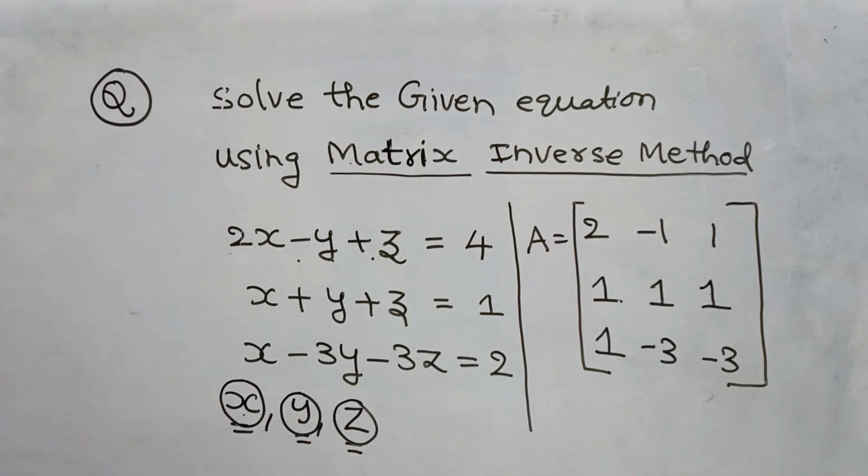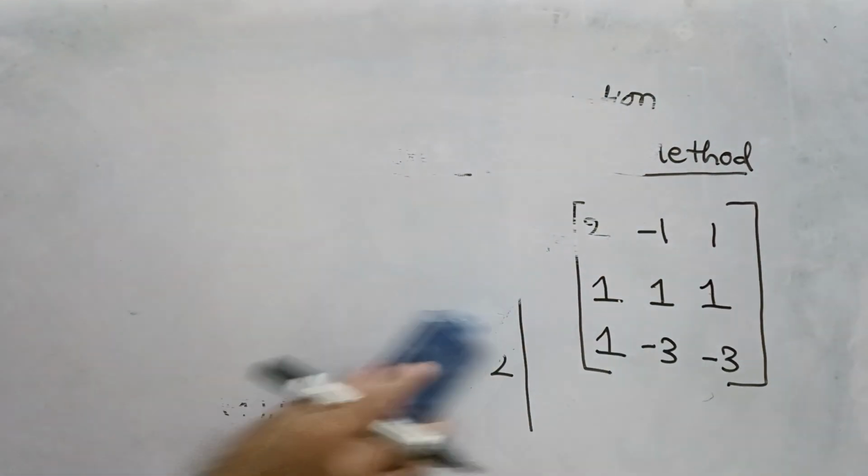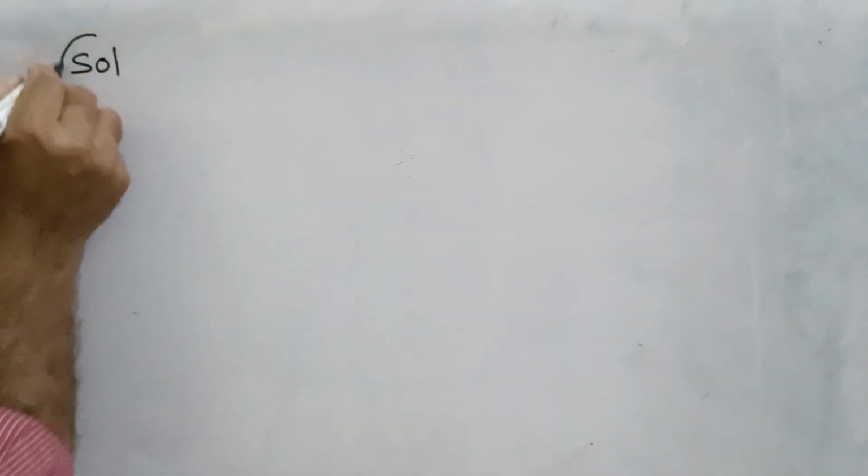Very quickly, I will explain how these three equations can be solved. As I already gave you the hint in the previous presentation, I am going directly to the solution part of this question. First of all, from the given equations, we have to arrange the matrix.